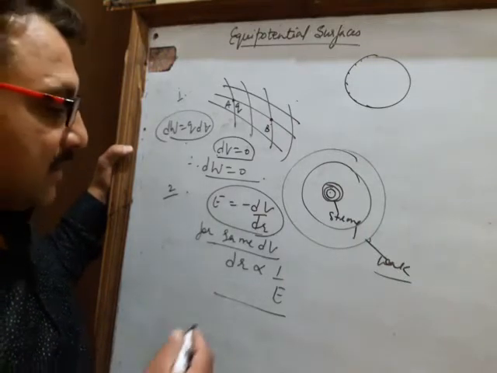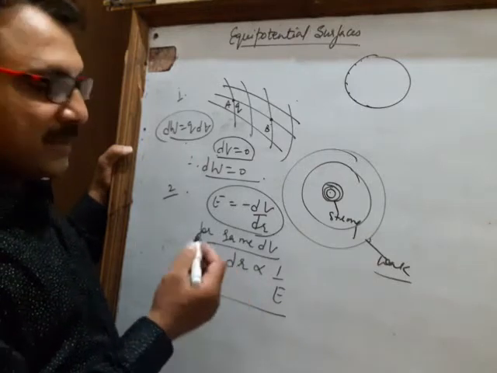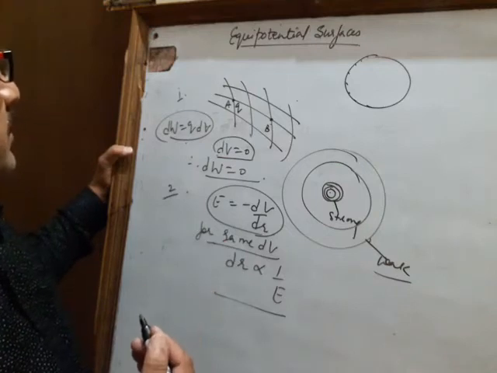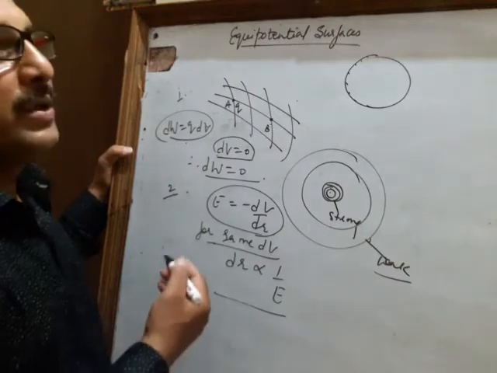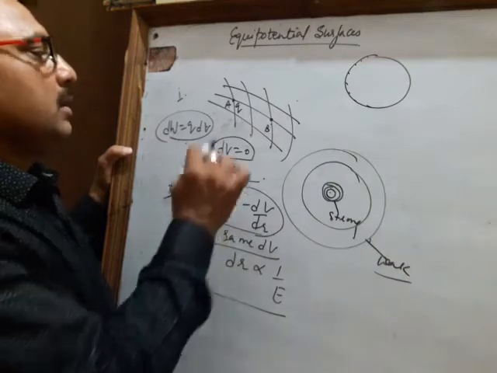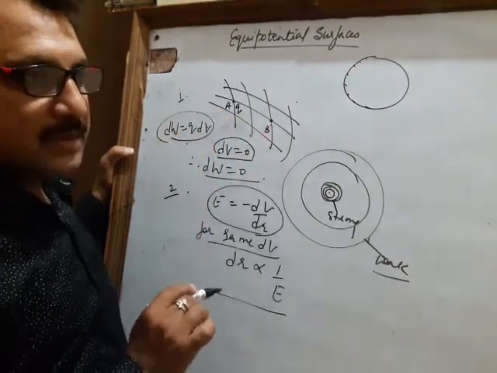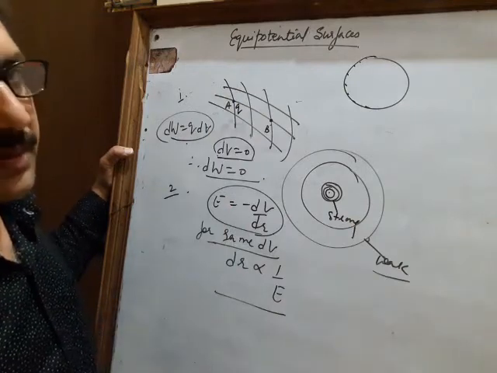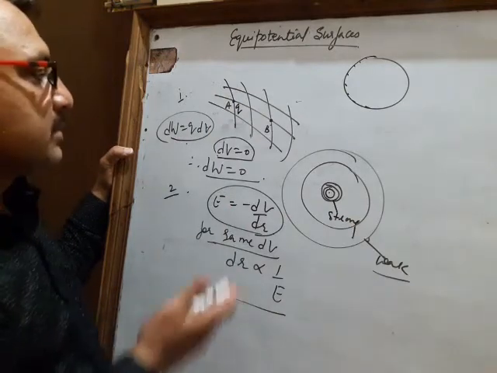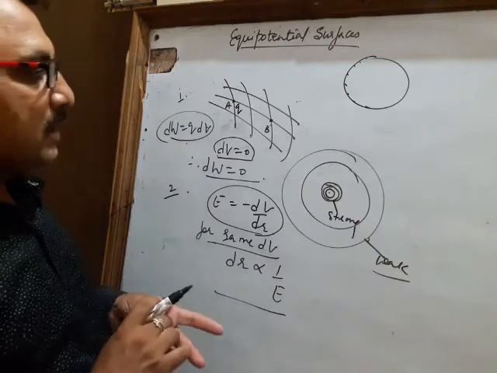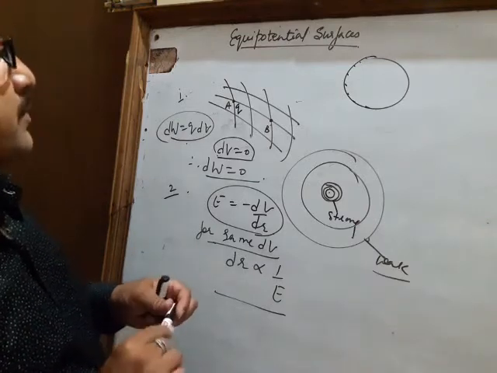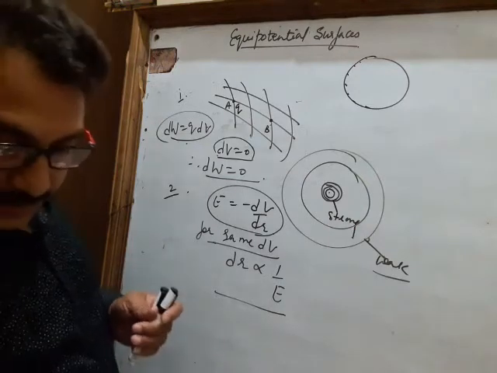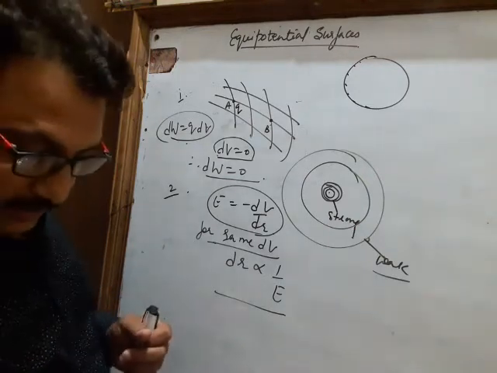It means the field is stronger where the spacing is less. So these are the properties of equipotential surfaces. One more property you can recall, that electric field intensity is always perpendicular to all points on the equipotential surface. So these are certain properties of equipotential surfaces. I hope you have understood these points, students.